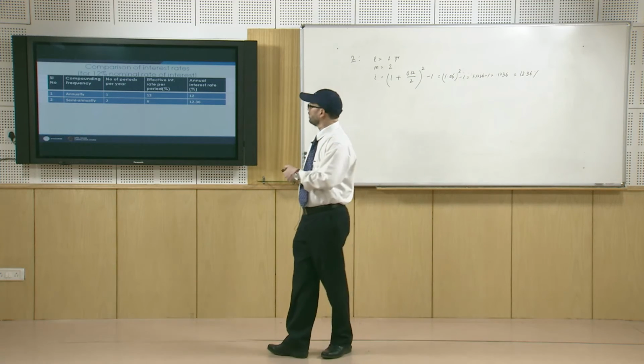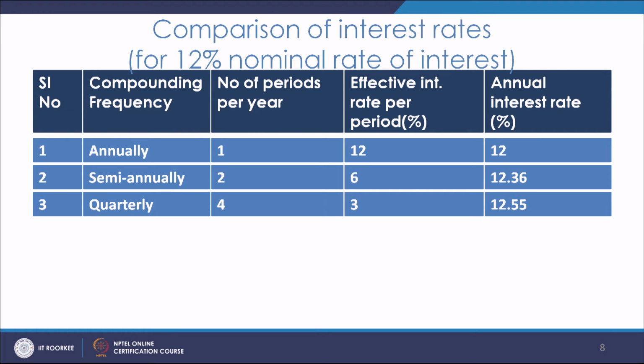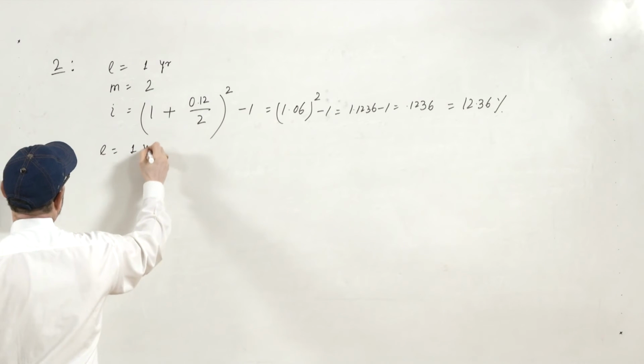So, you can write it as 12.36%. This is how we calculate when interest is calculated on a semi-annual basis. Your effective interest rate for the year comes to 12.36%. If you go further, to quarterly compounding, L anyway is 1 year.